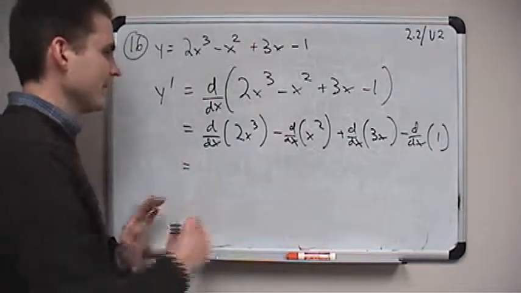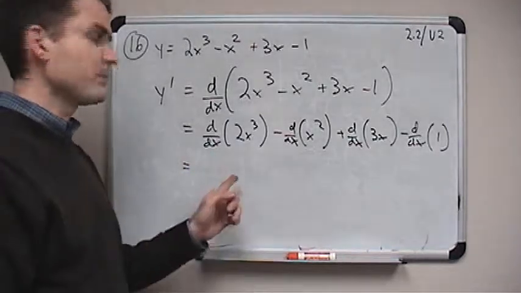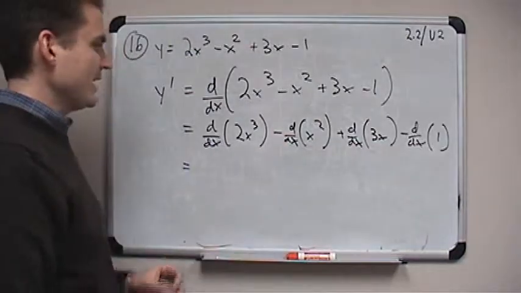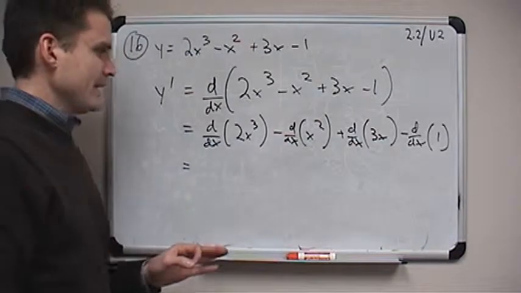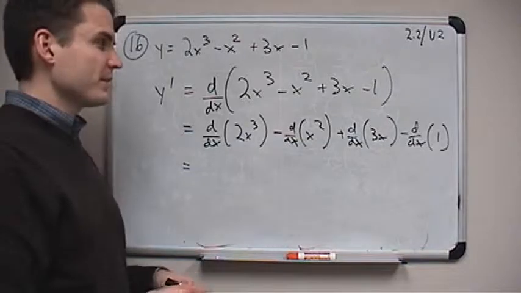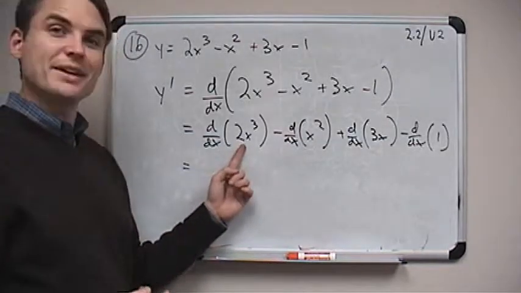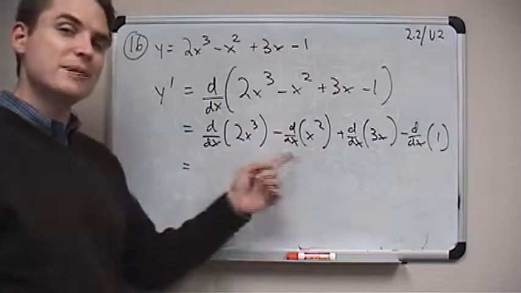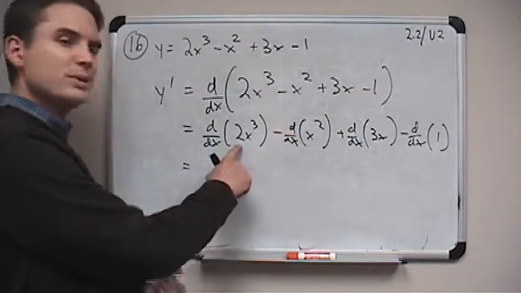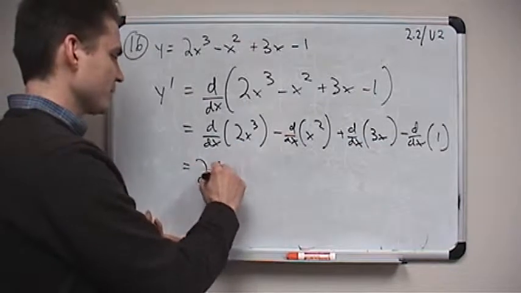Okay. Now again, before I actually compute derivatives, I'm going to use a rule a couple more times here, and it's that constant multiple rule. One of the main rules we use for computing the derivative is the power rule. But if you look at, for instance, this term, I don't have x to a power here. I've got 2 times x to a power. So that 2 needs to be factored out. That's one of our rules.